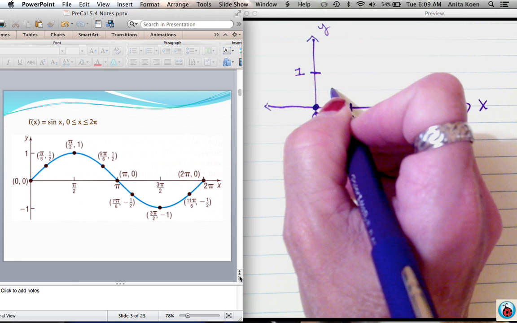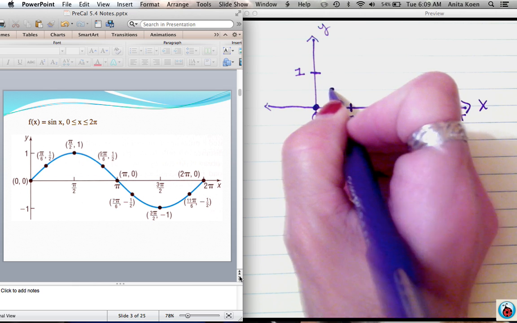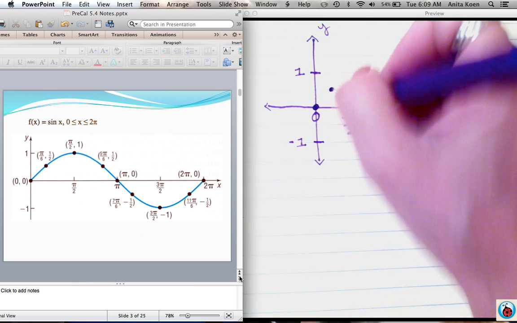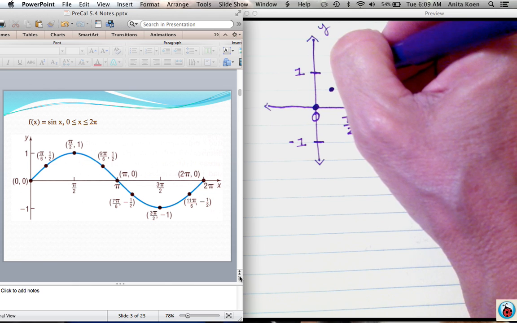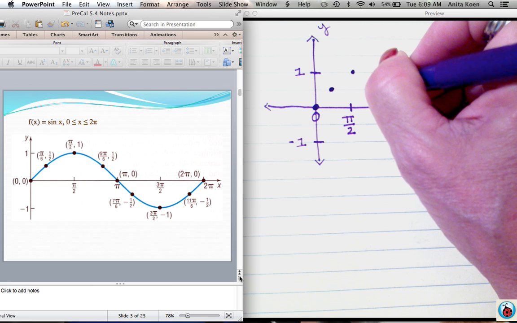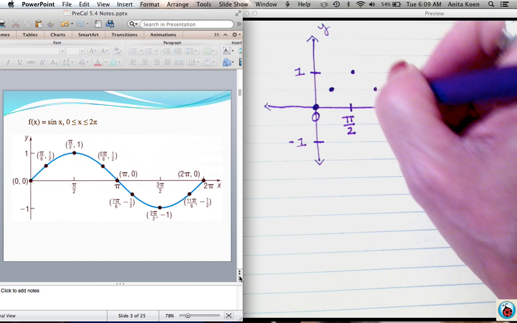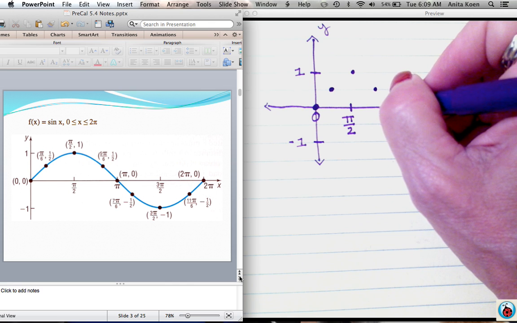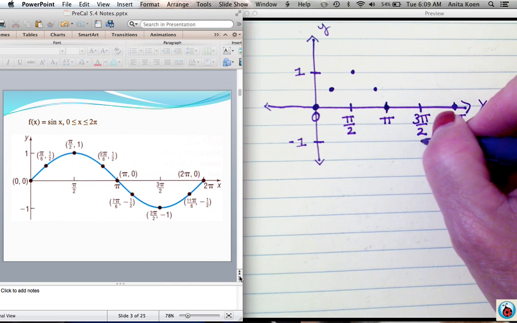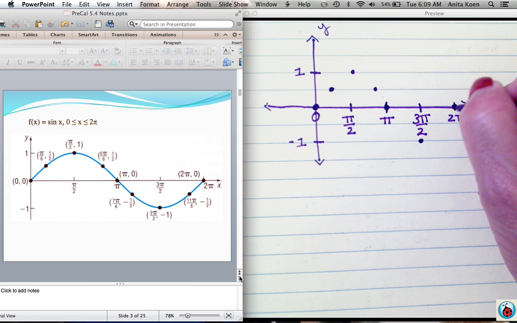It's about right here. Close enough. Pi over 2, 1. 5 pi over 6, 1/2. Pi, 0. Then I went to 3 pi over 2, negative 1, and 2 pi, 0.